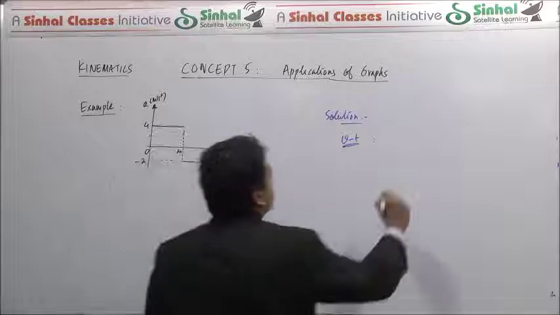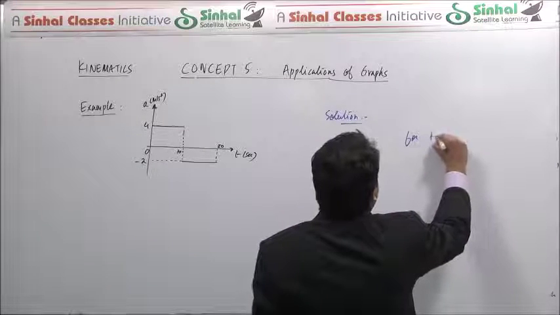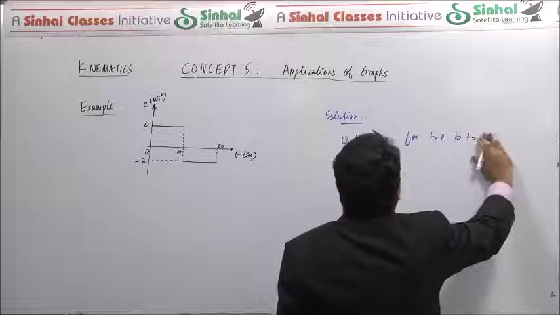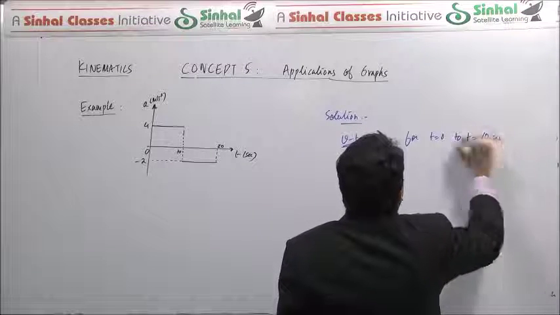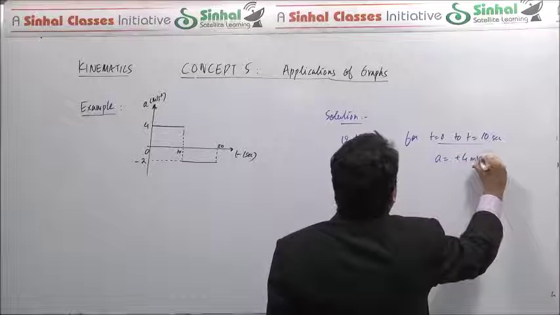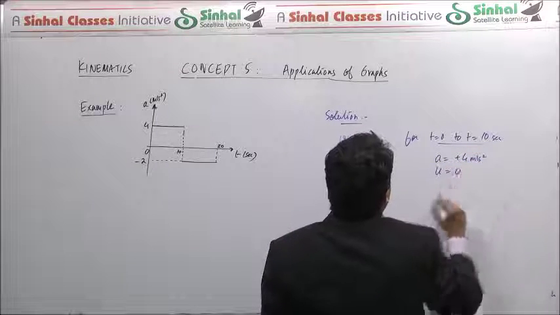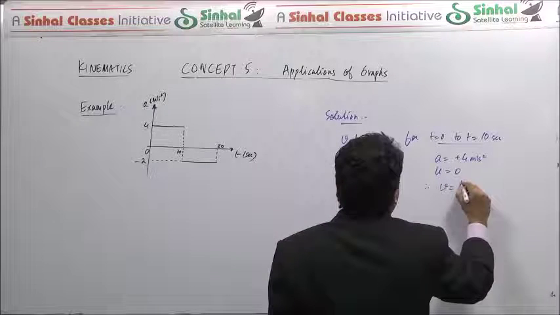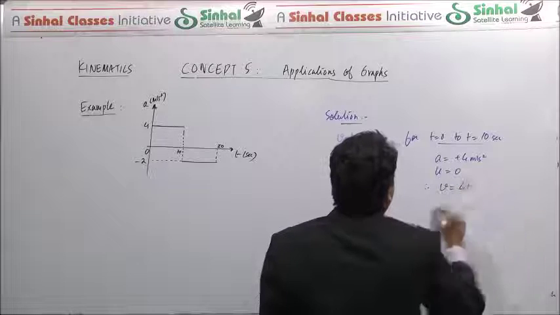Okay, so for t equal to 0 to t equal to 10 seconds, you can see that acceleration is plus 4 meters per second square. Initial velocity is 0. Therefore, velocity as a function of time will become 4t.